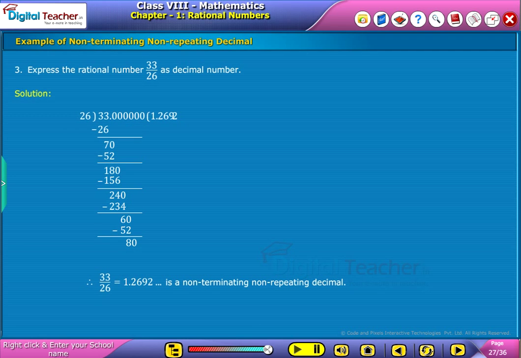This leads to 1.2692, which is a non-terminating, non-repeating decimal.